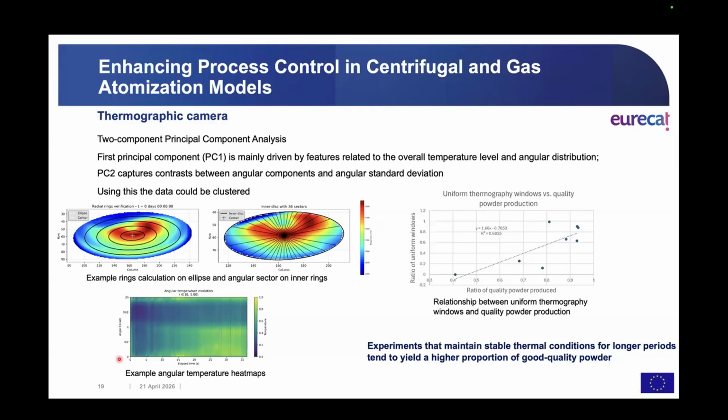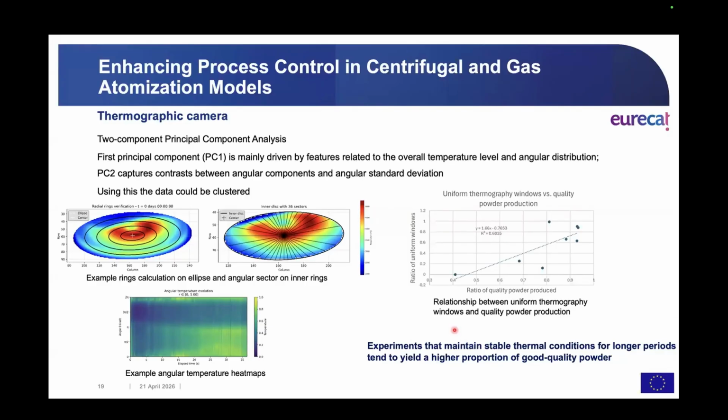And then in this project we tried to relate this to the final quality of the powder, which is basically the size that is needed mostly for printing. And we see very good correlation in this part.